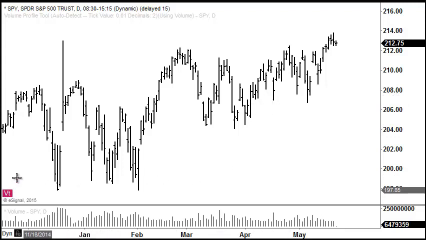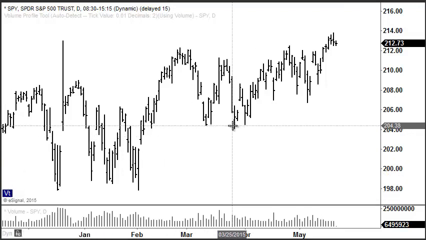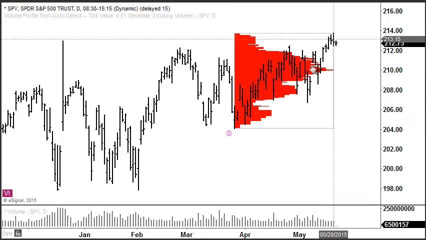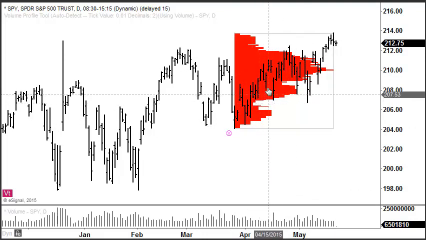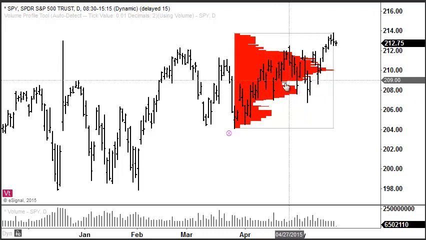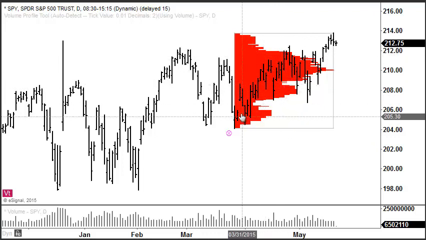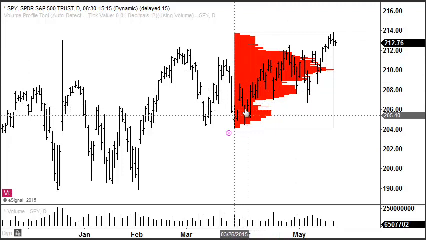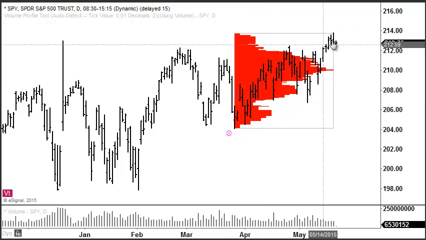So this is an eSignal tool that I'm using, and what you can see over this period of time, that's a volume at price histogram. And what that's showing is all the volume that's occurred over the period of time that I just applied that.